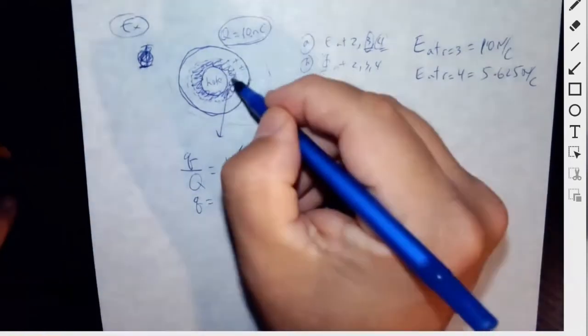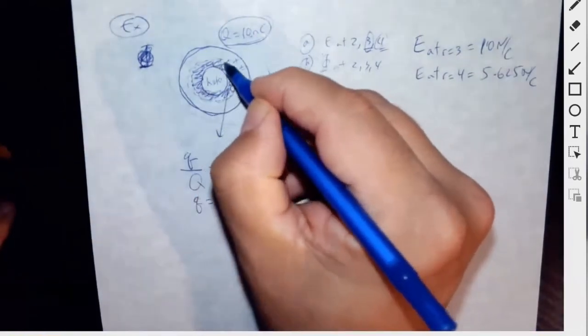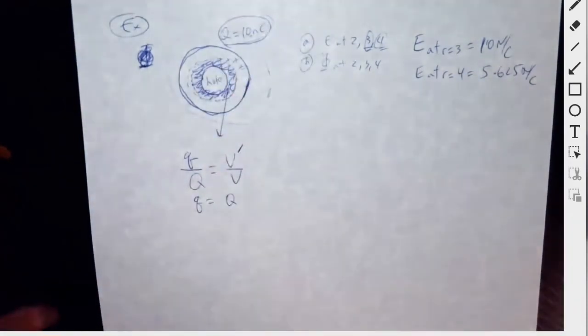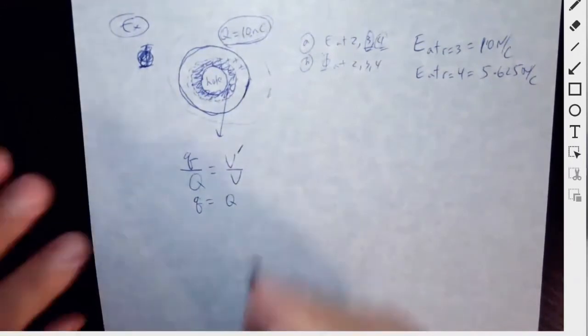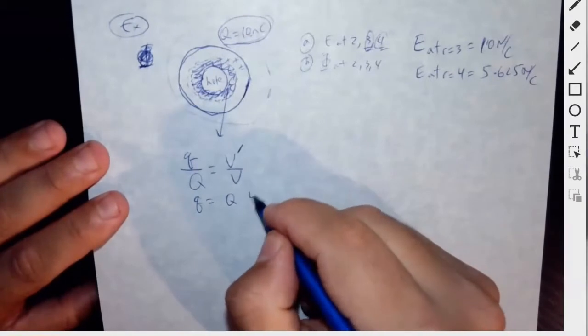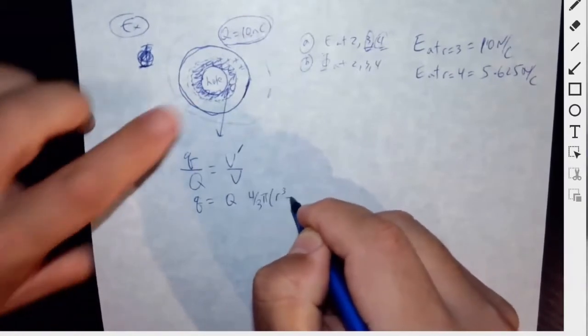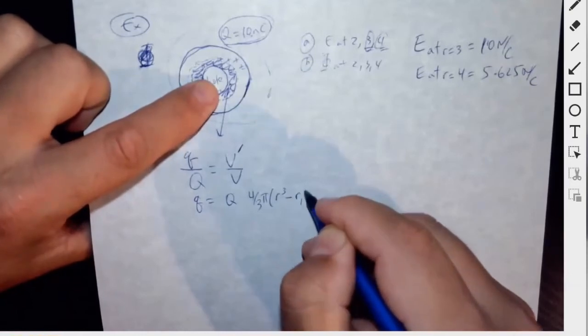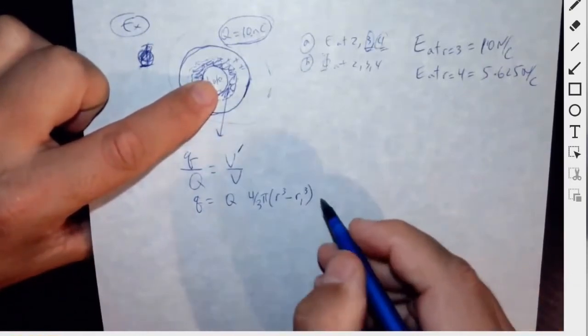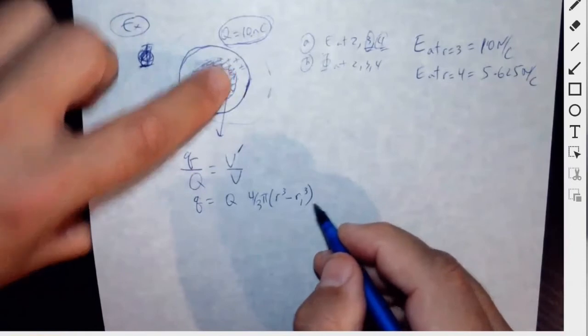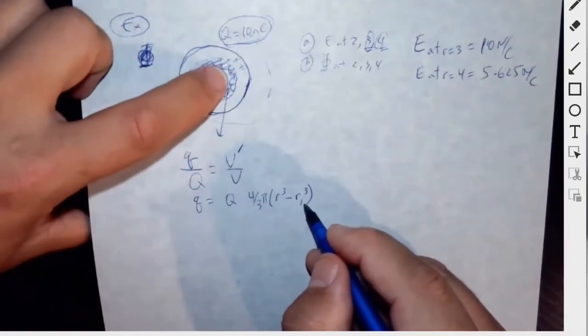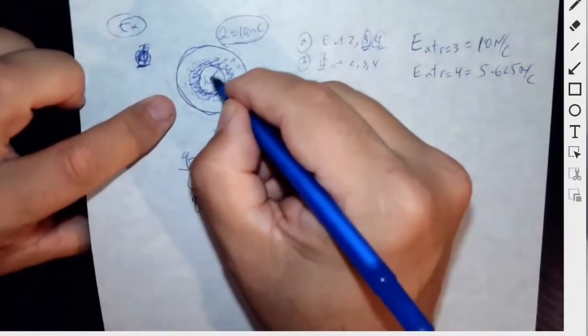So what would be the charge enclosed there? That'll be, let's see, volume is 4/3 pi r cubed minus the inner radius cubed, right? The r of where I'm at minus the inner radius, basically the radius of the hole.